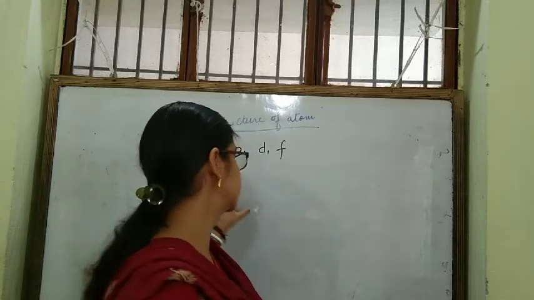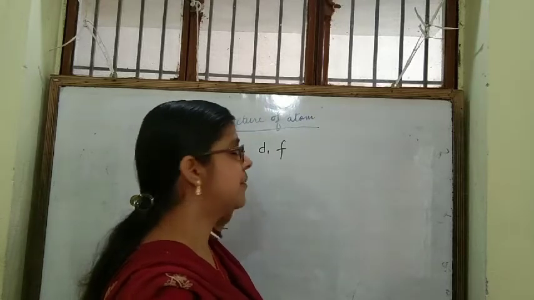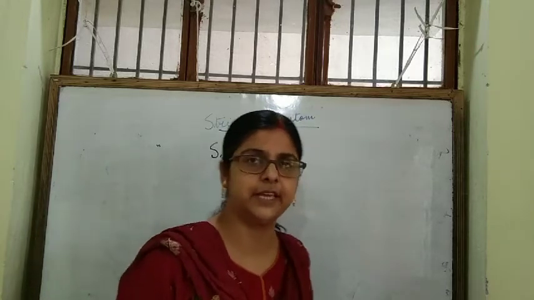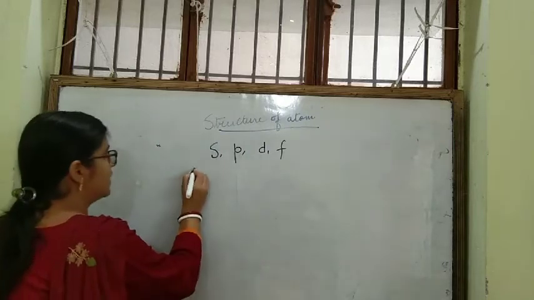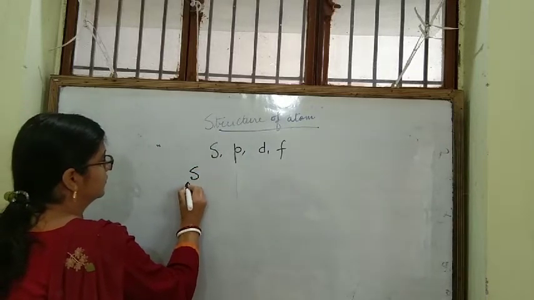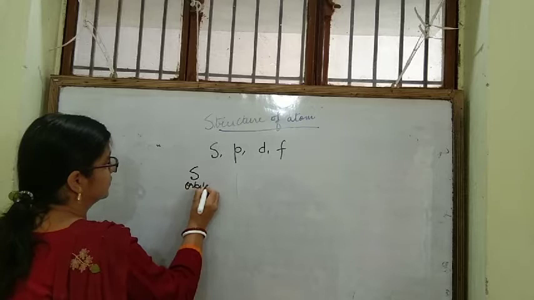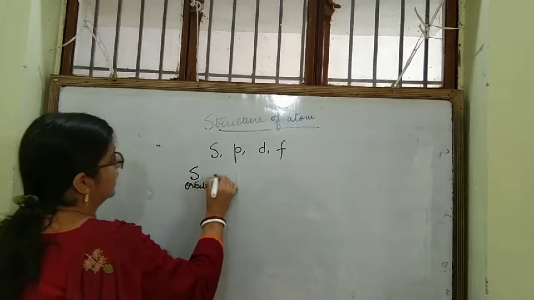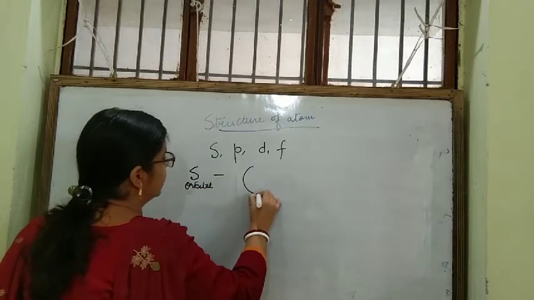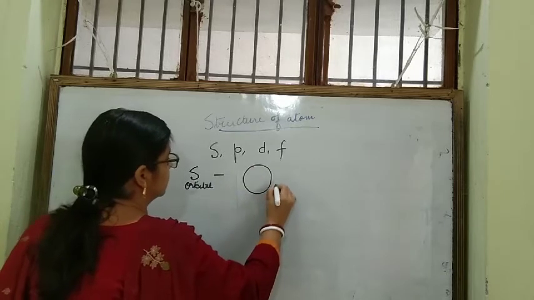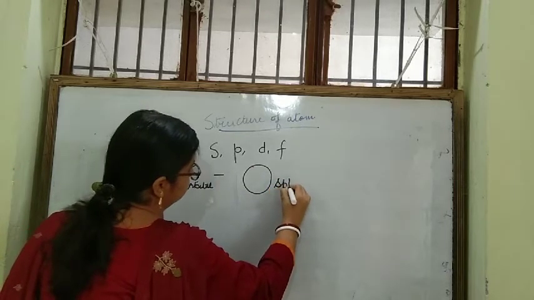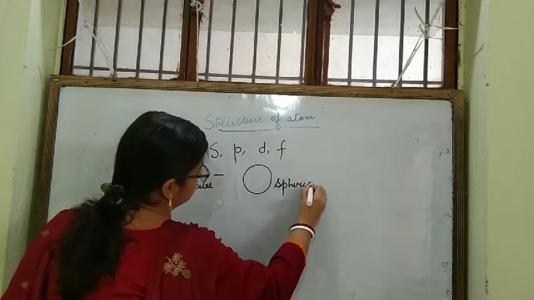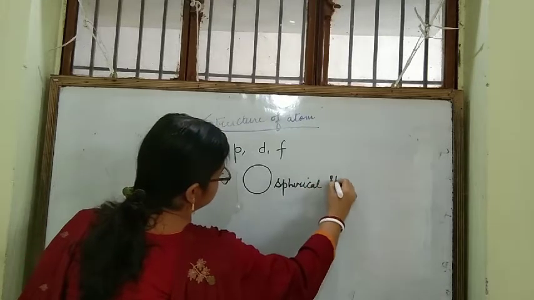So we will discuss in the beginning the shape of orbitals s, p, d. S orbital is having spherical shape.